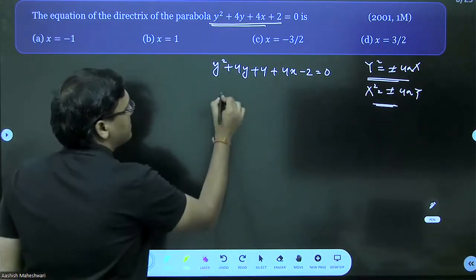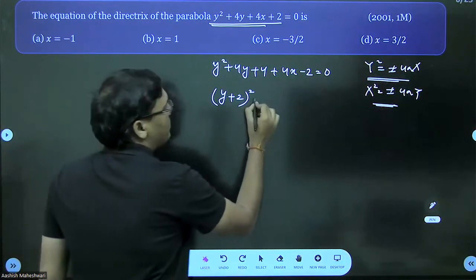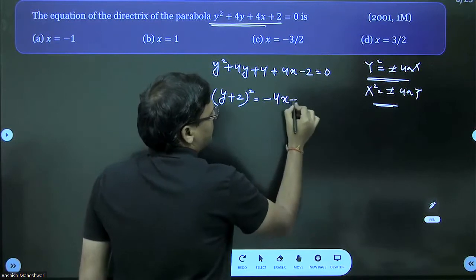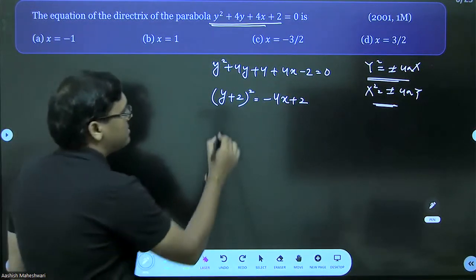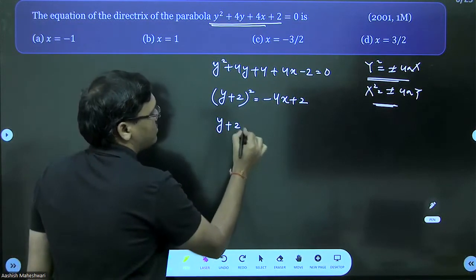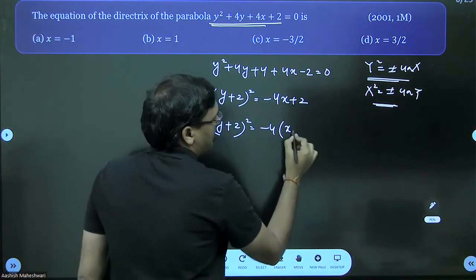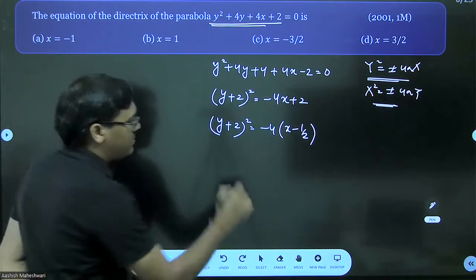So what is this? This is (y plus 2) whole square is equal to minus 4x plus 2. I hope this is clear. So this is (y plus 2) whole square is equal to minus 4 (x minus 1/2). Check this step.